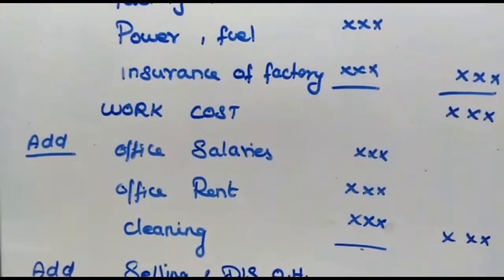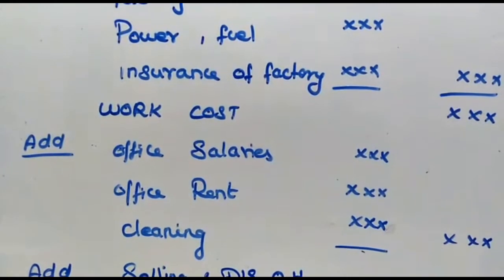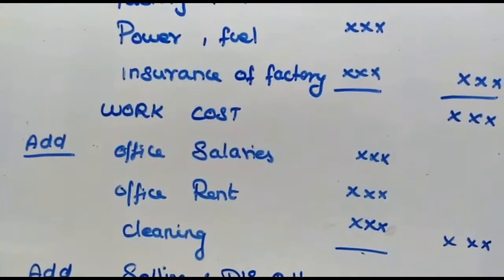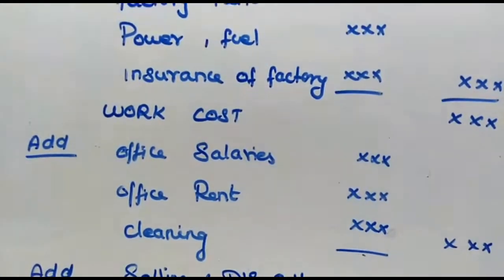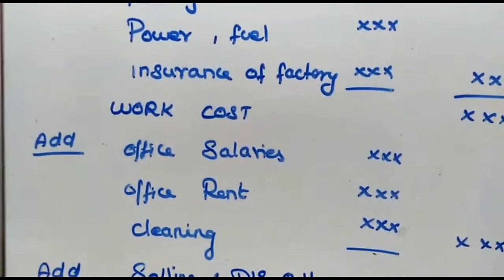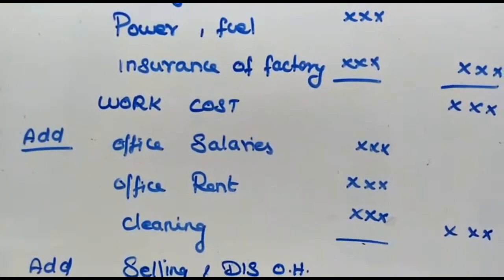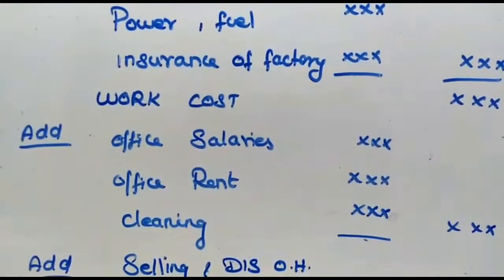First we have to categorize the factory overhead, office overhead and selling and distribution overhead. We know well that indirect material, indirect wages, factory rent, repairs and maintenance, depreciation of factory plant, work stationery, insurance of factory, these are some examples that come under factory overhead. We have to assemble all these expenses under the heading factory overhead.